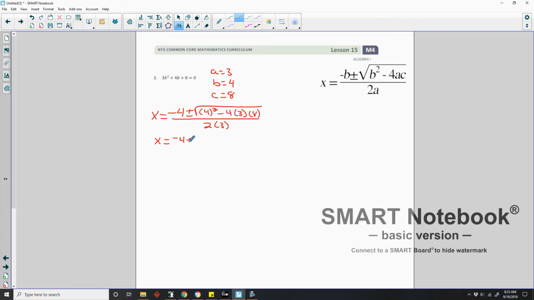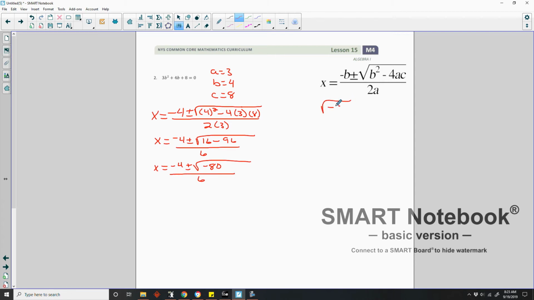Negative 4 plus or minus the square root of 4 squared, which is 16, minus 4 times 3 is 12, times 8 is 96, all over 6. So x equals negative 4 plus or minus the square root of negative 80 all over 6.